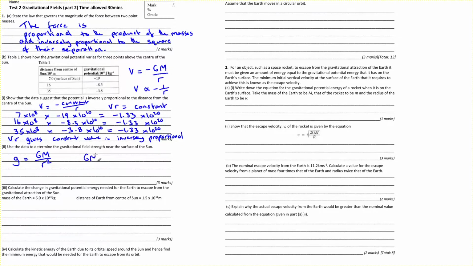We know that GM here is equal to, because we've worked it out using this first part, working out this constant, and so we can say, look here, small g, gravitational field strength, is going to equal 1.33 times 10 to the power 20 divided by, well, we want near the surface of the Sun, so the surface of the Sun is 7 times 10 to the 8 meters away from the centre.